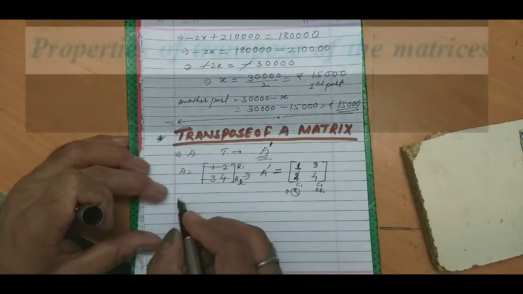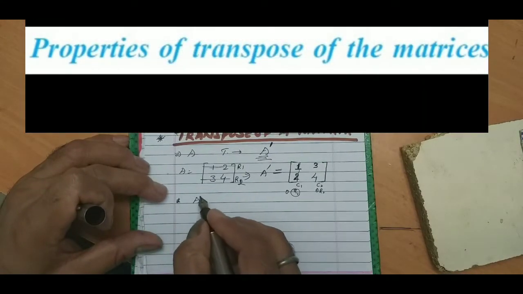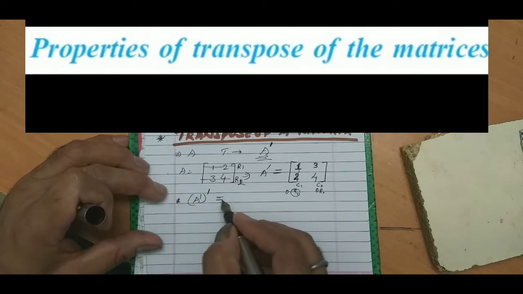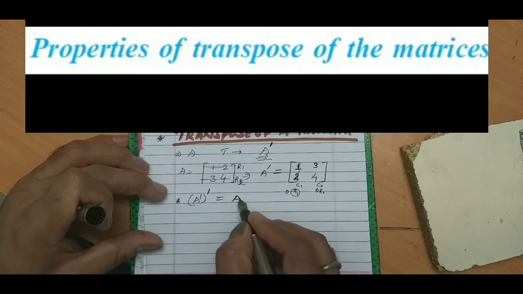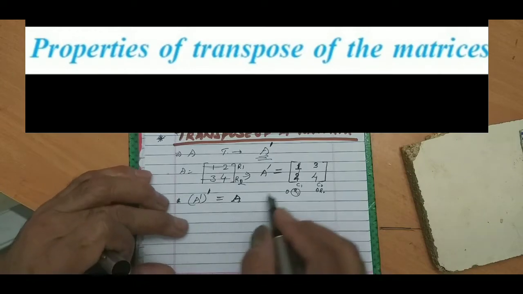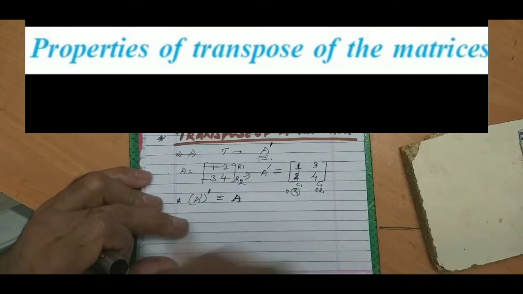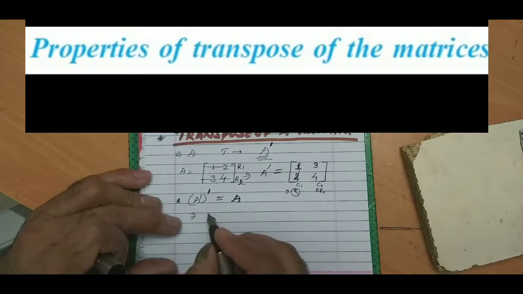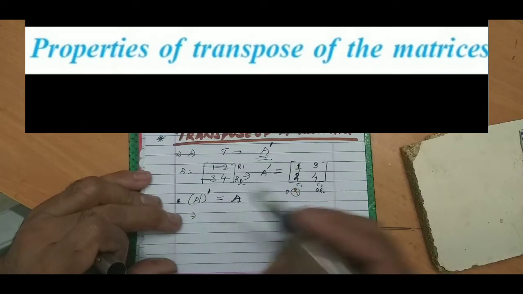It's a sub property. The transpose of a transpose becomes the original matrix. That transpose gets cancelled. So what does it mean? Now we have taken A dash equal to this one. Again we take dash of dash, that is transpose of transpose.